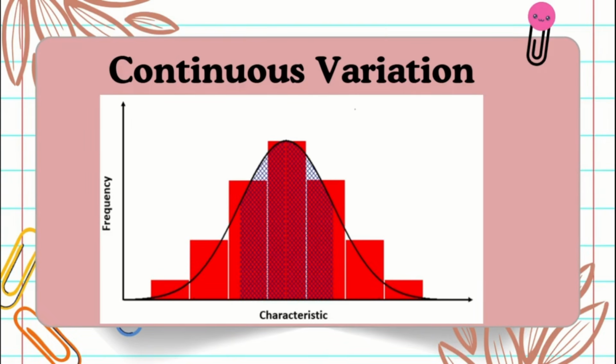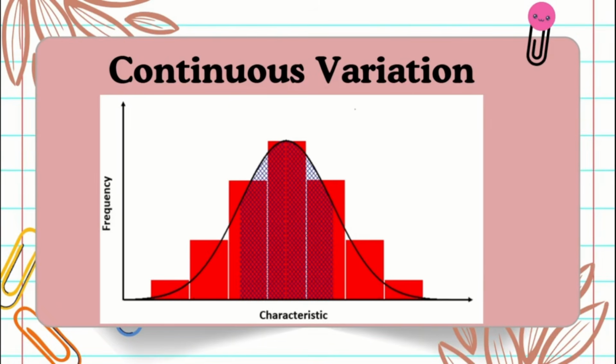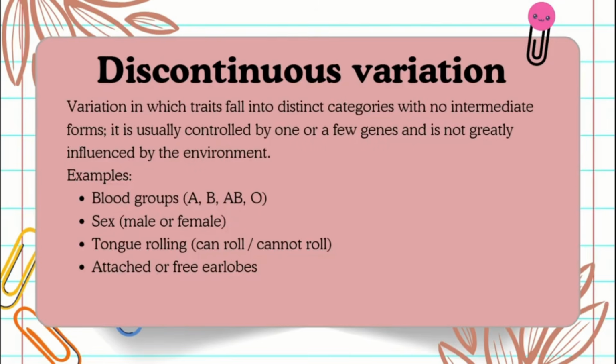If you look at this little chart, it's showing the gradual change. You can see that it starts off low, then goes up, then down again. The prime example of this would be human height. It's a gradual change with no clear-cut categories.